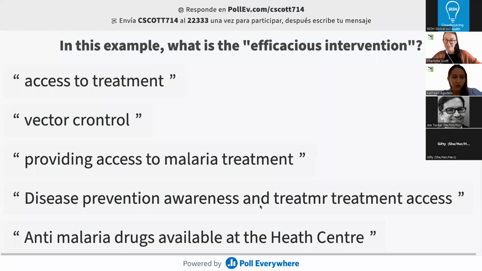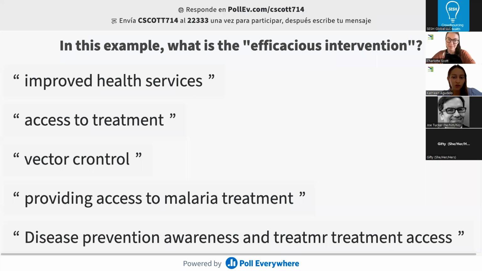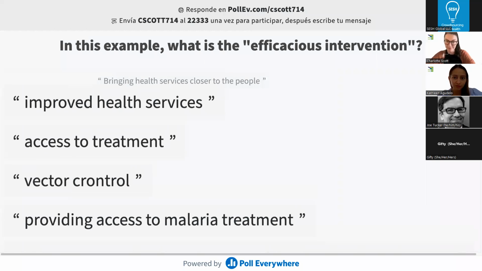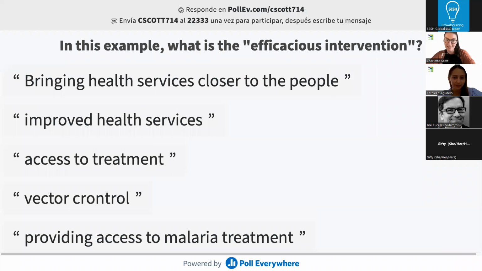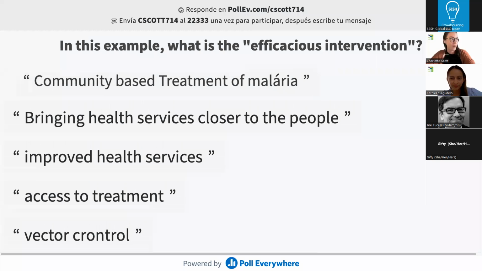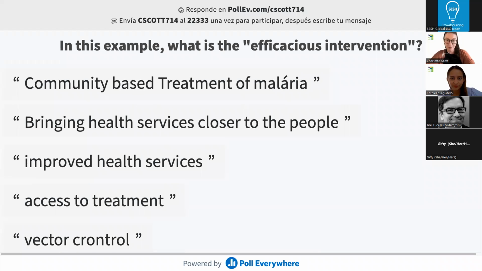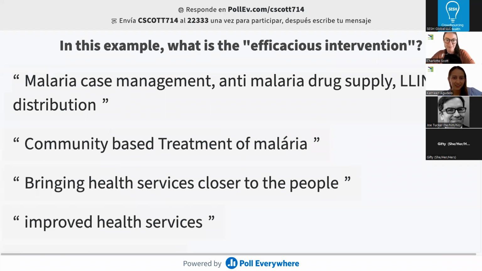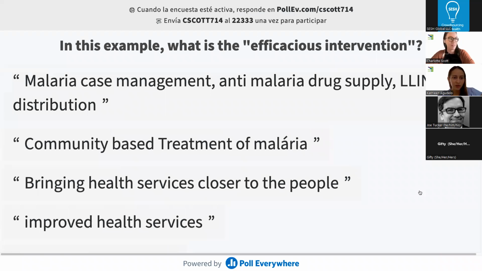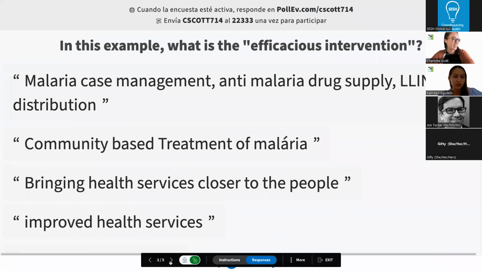On the chat, we also have drug for treatment, vector control, accessibility for all. Awesome. Perfect. So we're going to move on now to the third question. Malaria case management, anti-malaria drug supply. Great. Community-based treatment for malaria. Awesome.